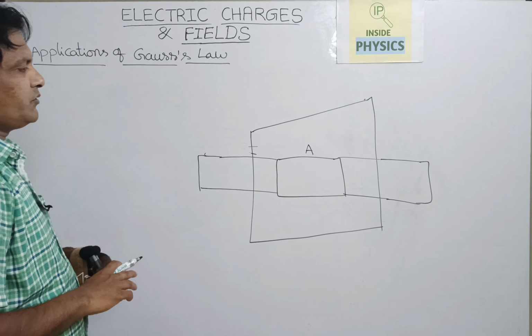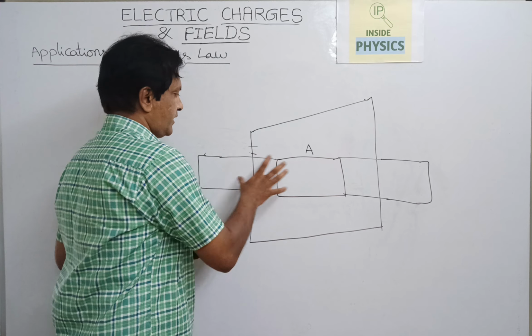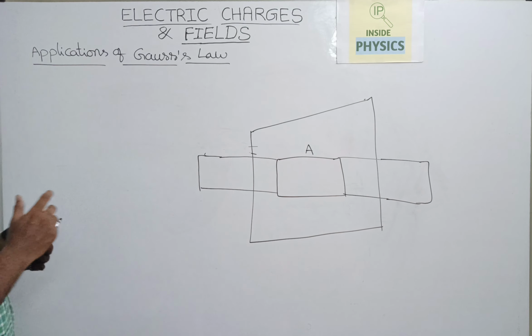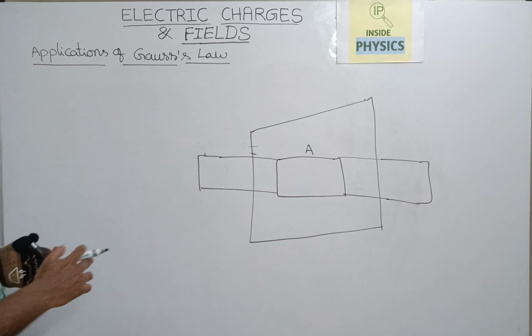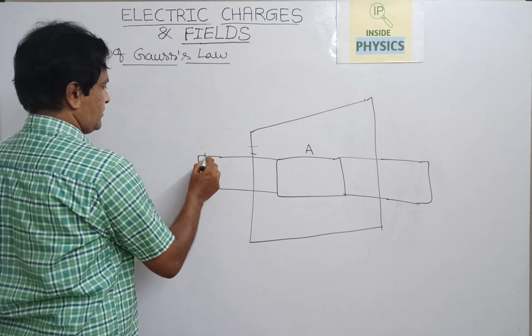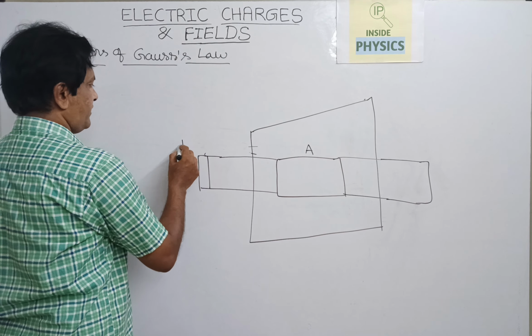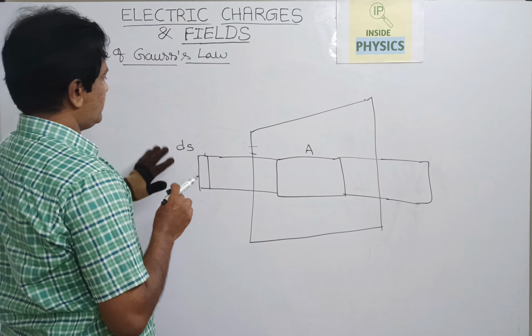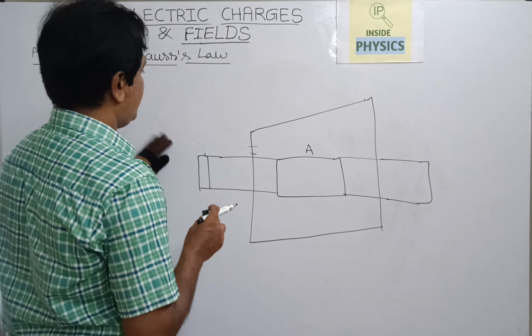So if you observe this rectangular box, the flux comes through only two sides, right? This is one side which has a surface area S1.